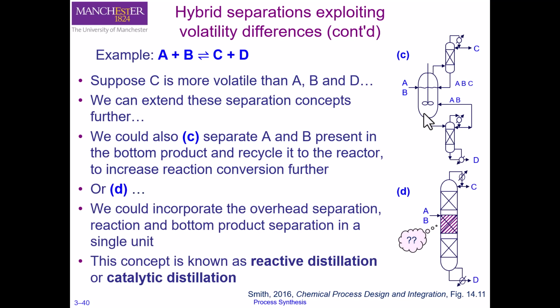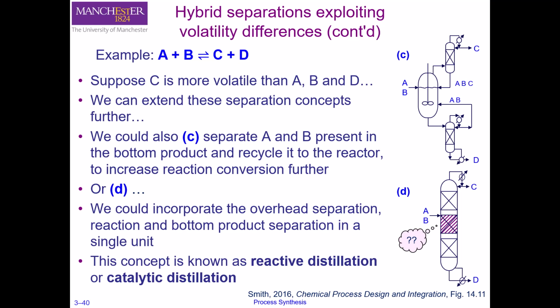But let's think about how we could engineer this process. We want to do some condensing of A and B and some reboiling of A and B. We want to separate A and B from the A, B, and C overheads, and we want to separate A and B from the A, B, D mixture leaving the bottom of the reactor.